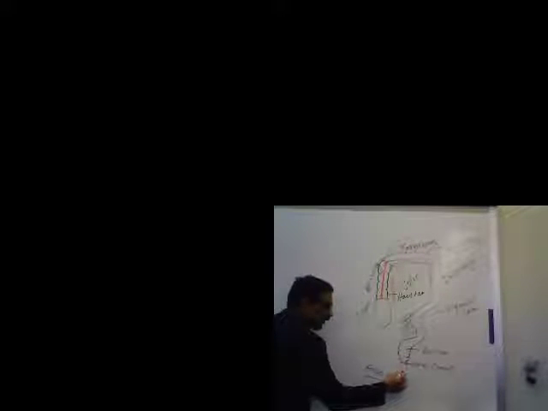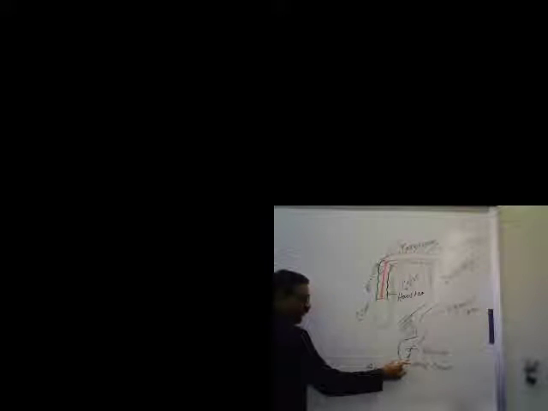Now you see here, this is the anal canal, right? So there are two sphincters. One is here, that's the internal anal sphincter, and another is here, that is external anal sphincter. This is smooth, involuntary. You cannot control that. This is skeletal, that means voluntary.